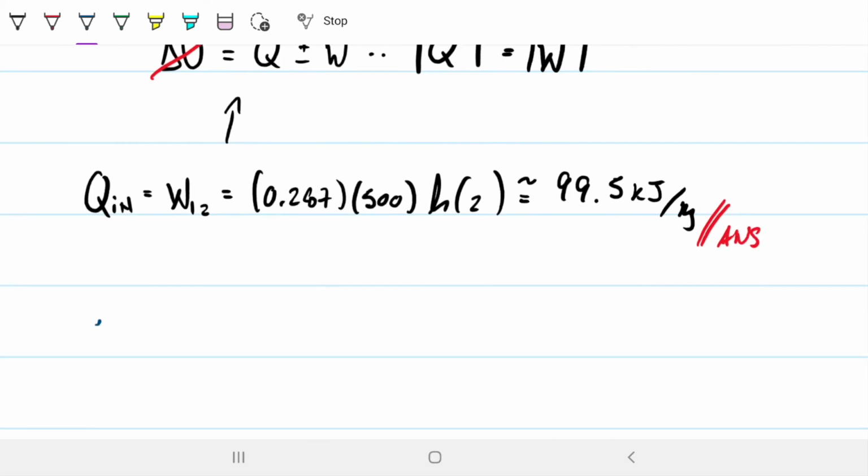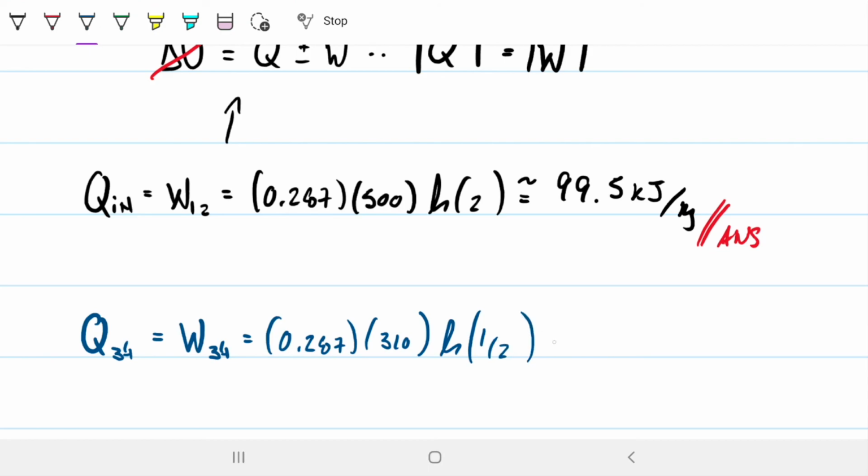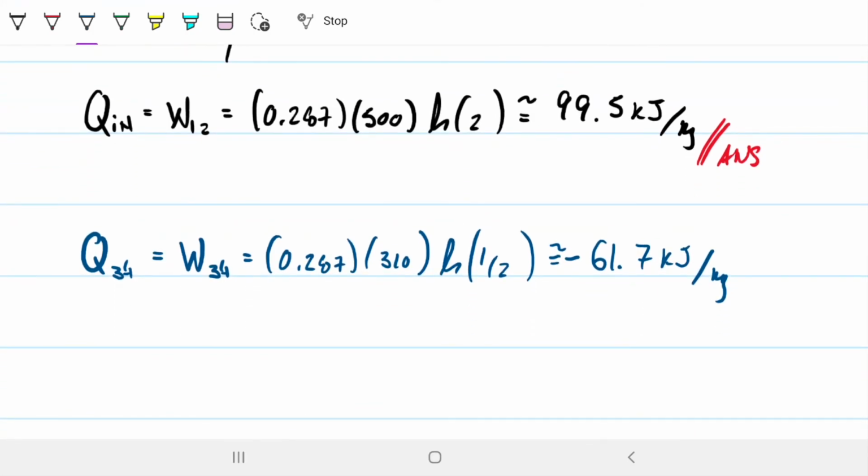Likewise, the heat rejection, Q out, in magnitude is going to be the same as the work from 3 to 4. So heat from 3 to 4 equals work from 3 to 4, and that is the 287 that we used before, the 310 we used before, and the natural log of 1/2 that we had before as well. And this is approximately negative 61.7, because this is a negative value here.